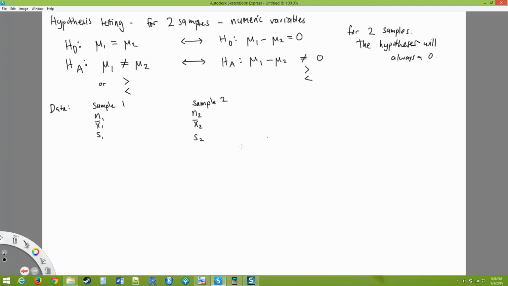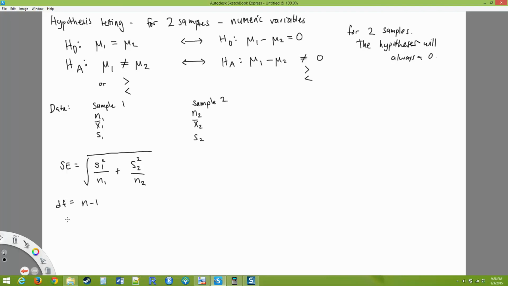But it's all right. Now we're going to have to figure out our standard error. We've seen this several times today already. And what does that look like? S1 squared over N1 plus S2 squared over N2, all under a square root. And what is our degrees of freedom?